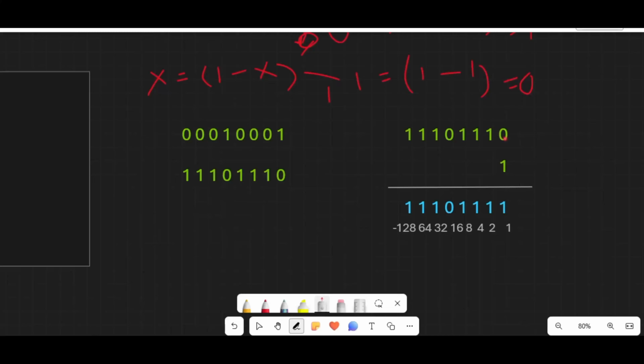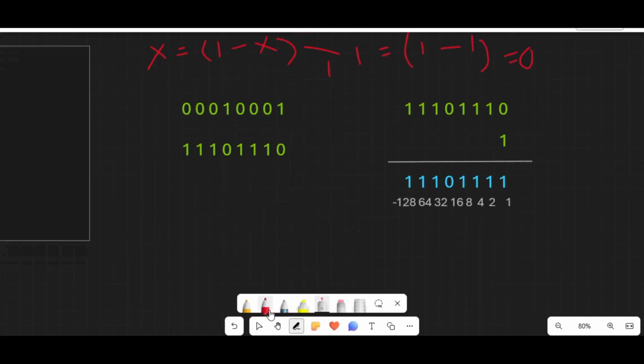Like, you write the bits, take the ones complement, then add 1. Now, as we discussed the 8-bit architecture, you will have 8 columns over here.